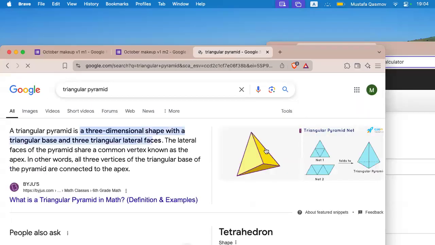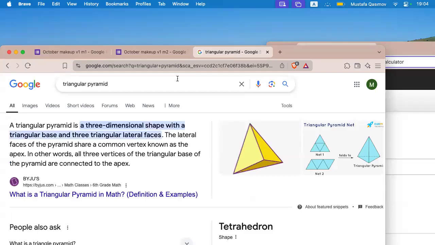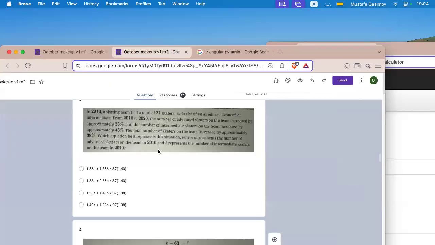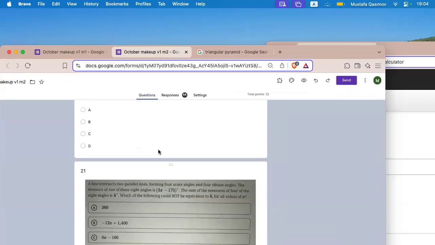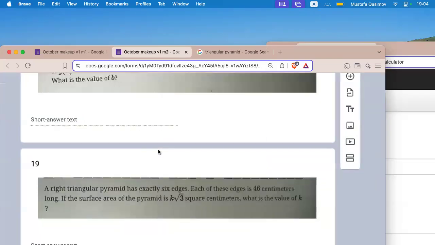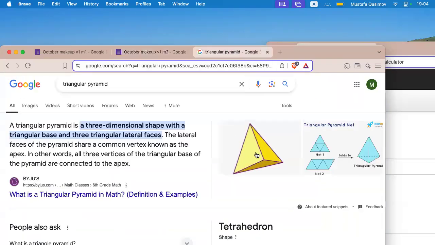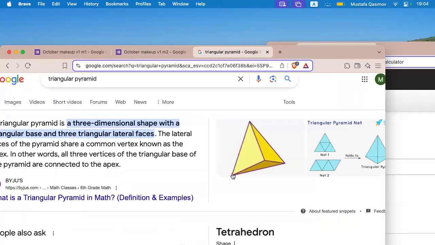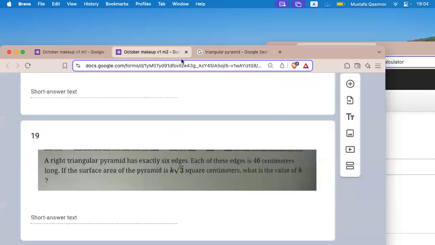So it is something like that. But it says that every side here is equal to 46. In this picture, we actually have 3 triangles. One of them is that one, second, this one, and third, this one. Together with the base, we have 4 triangles here.